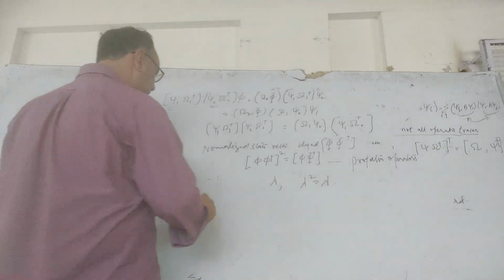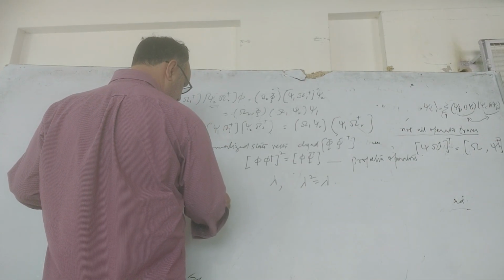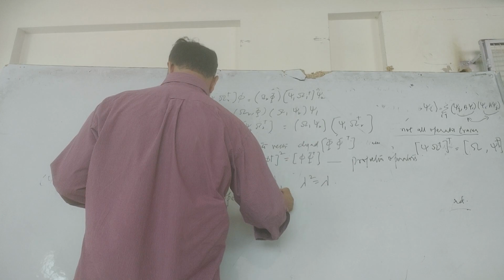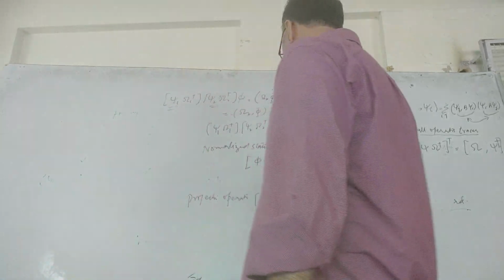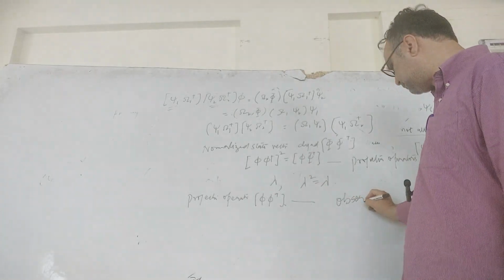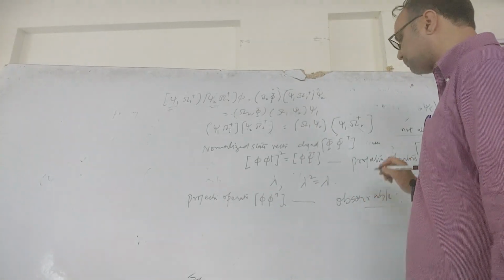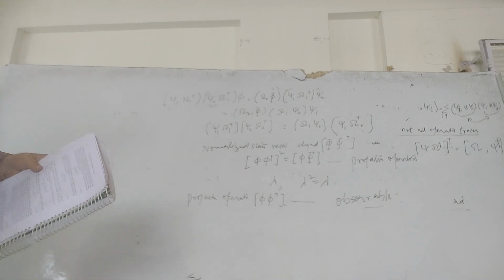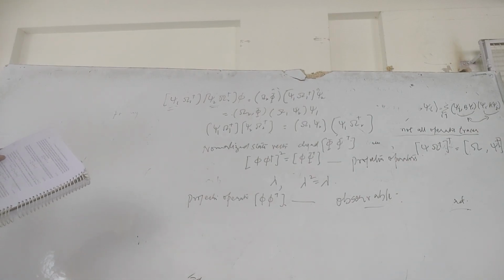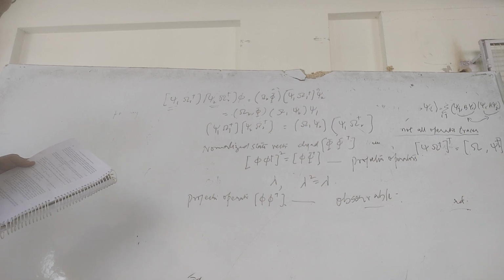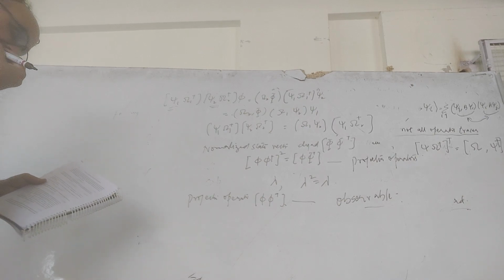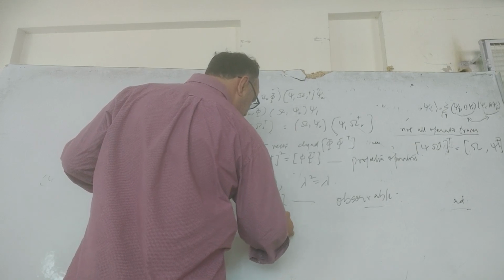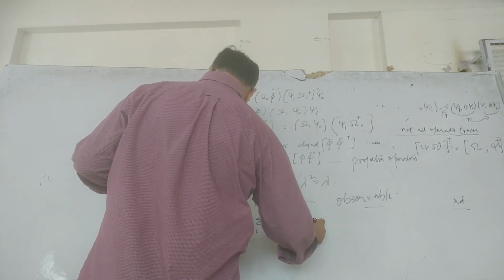So the projection operator phi phi dagger represents an observable, and that can take any value in the state represented by phi, such that the sum of the corresponding projection operators over all phi i phi i dagger should give us 1.